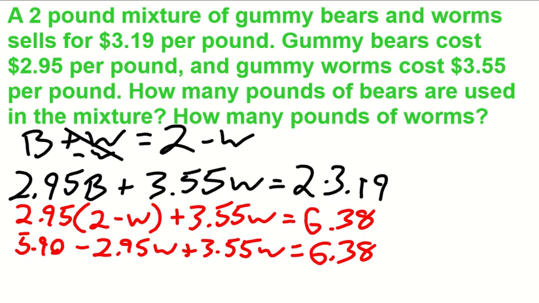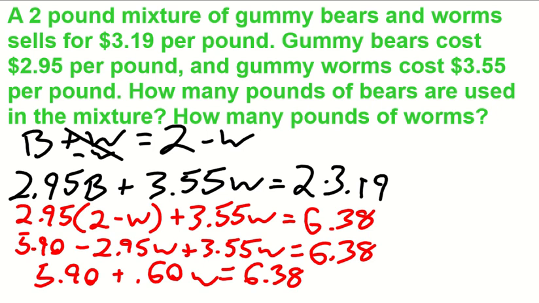Now we combine our like terms. So I got my 5.90 still. Minus 2.95W and a plus 3.55W. That's going to give me a plus 60 cents with the worms. And it's going to equal $6.38. So we'll move it up and over here.